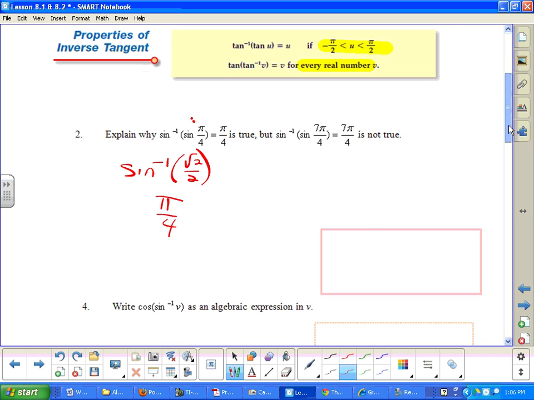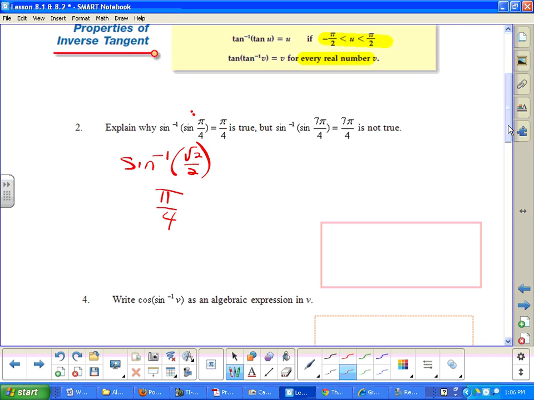So when I do the other part of this, the sine of 7 pi over 4 is equal to what? Negative. So we're going to do the inverse sine of negative square root of 2 over 2. Since it's the inverse sine of sine, this answer has to be between negative pi over 2 and pi over 2, which 7 pi over 4 is not between.